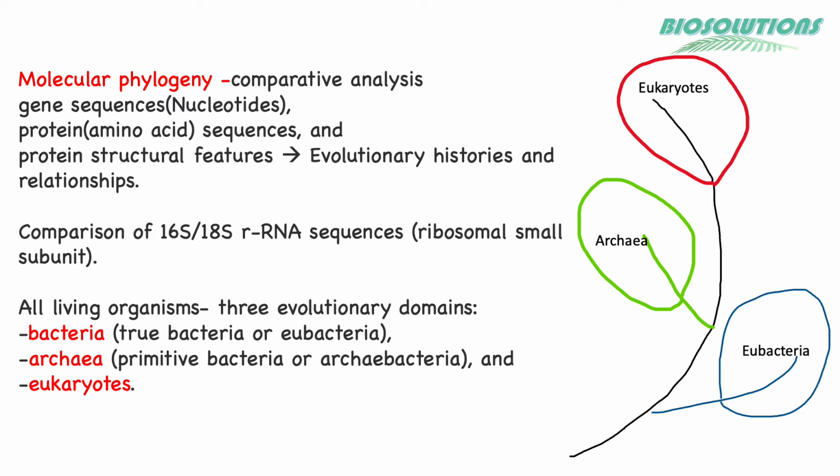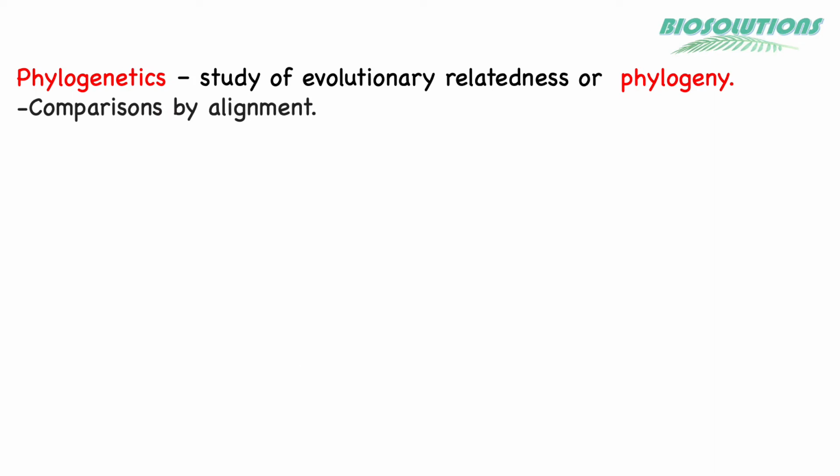For example, comparisons of 16S and 18S rRNA gene sequences from various organisms help molecular phylogeneticists to divide living organisms into three domains of eubacteria, archaea, and eukaryotes, rather than just prokaryotes and eukaryotes.